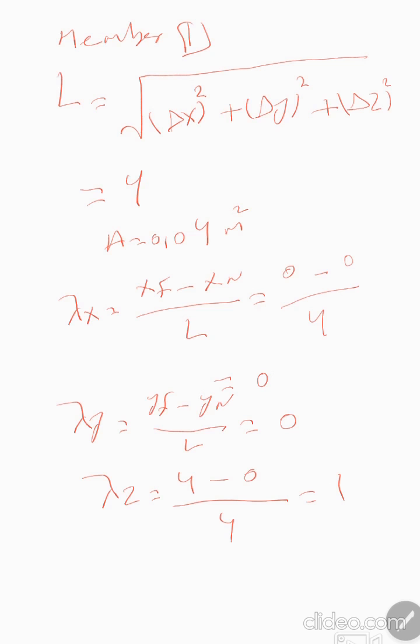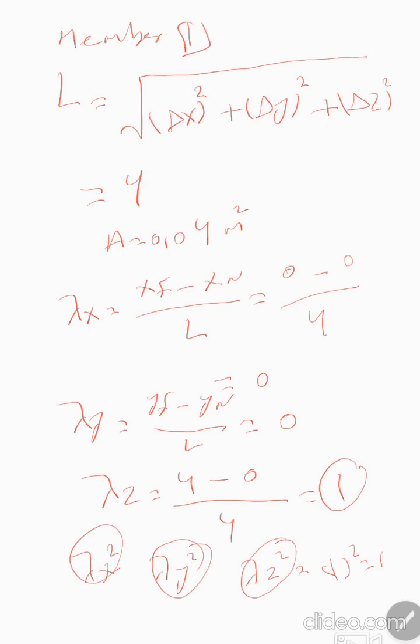You can get the values of lambda x square, lambda y square, and lambda z square. For example, lambda z is 1, so just put 1 square, which is already 1. Then multiply each one of these values by A over L and put it in the matrix.